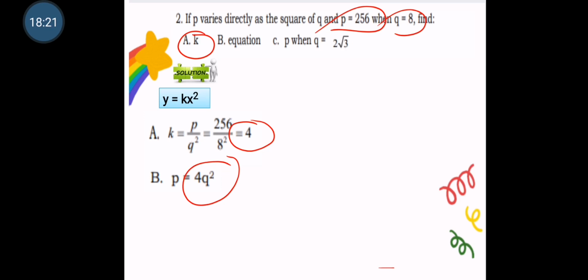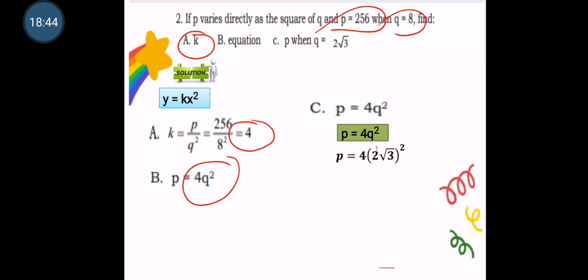Sunod, letter C. Hanapin daw natin ang value ni P when Q is 2 times the square root of 3. Gamitin natin yung equation ng B. So, P is equal to 4Q square. P is equal to 4 times the value of Q, which is 2 times the square root of 3, raised to 2, square na po natin.